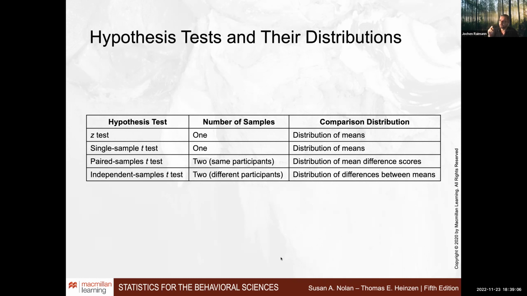Characteristic is that the comparison distribution is here a distribution of means, where we subtract the population mean as a quote-unquote constant, and we're then utilizing the difference of this distribution of means to the population mean, utilizing the so-called standard error of the mean, which is the variability of that mean based on the standard deviation from the population.